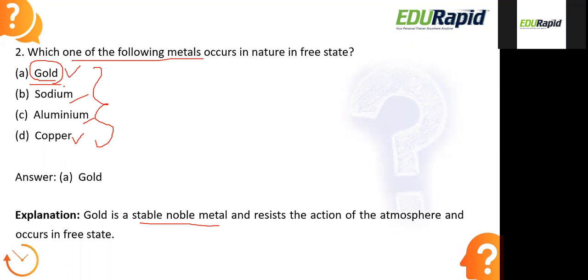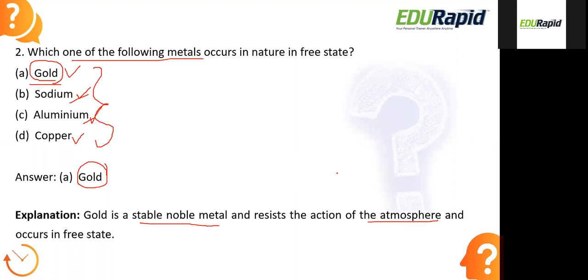In the options given, sodium is the most reactive, followed by aluminium. Gold is available in the natural state because it will not tend to react with any other elements in nature, metals or non-metals. Clear? It is available in a free state in our atmosphere.